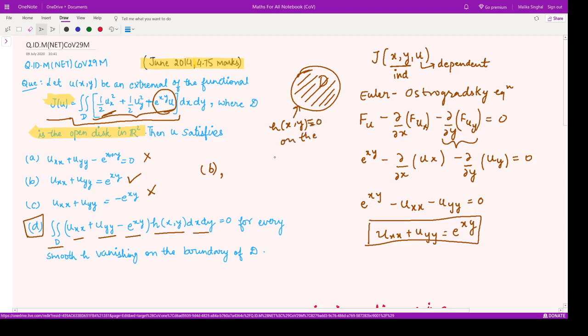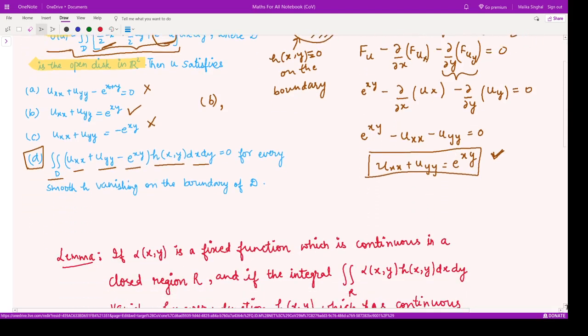This is given to you. So, here when you put the variation of this J equivalent to 0, in accordance with this equation, you will get this condition. So, basically this condition could be explained using this lemma.